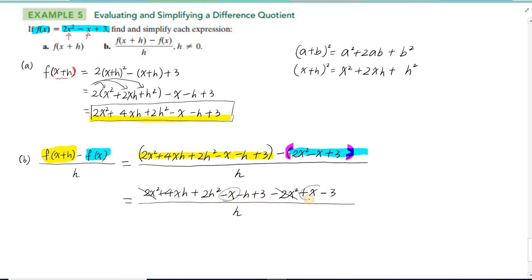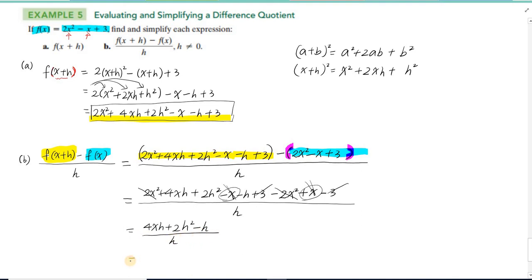We also have a plus x. So they're going to be gone as well. And then we also have a plus 3. We have minus 3. So they're going to be gone as well. And then what's left over, that will be 4xh plus 2h squared, and then minus h over h.